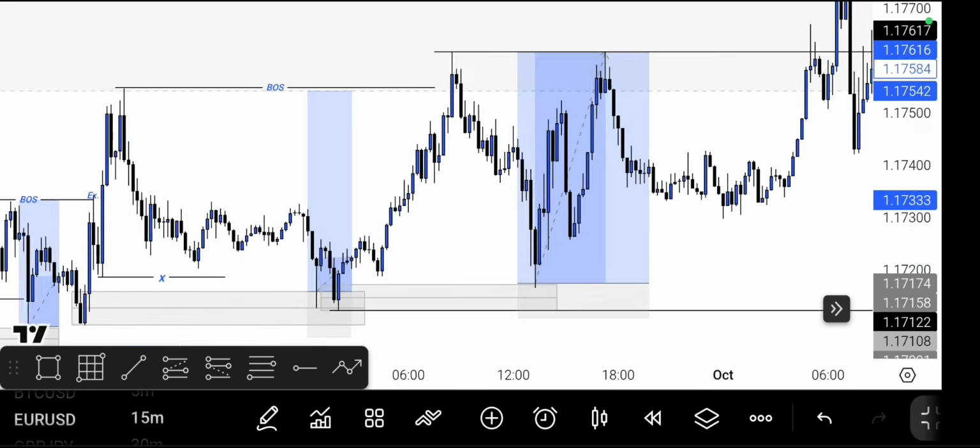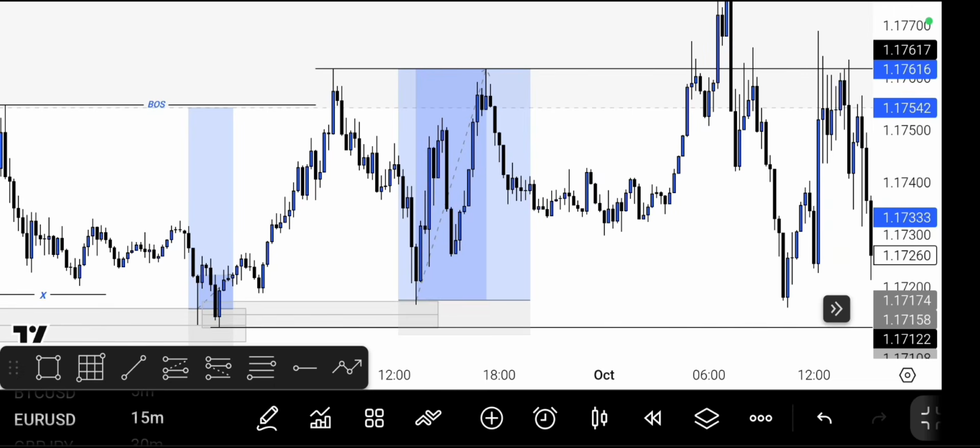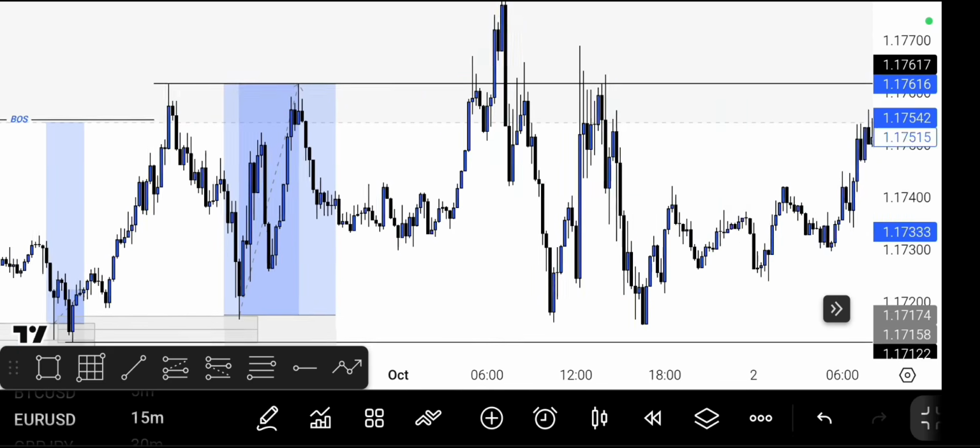So yeah, this was another entry. All right, I think this particular trade I took on the 1-minute time frame, a confirmation entry, because I think I missed out on the initial point of interest. So I took a confirmation entry on the 1-minute time frame.